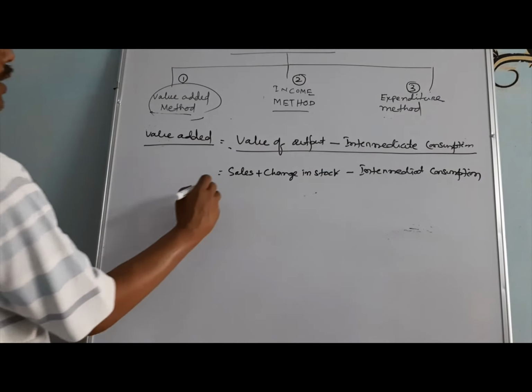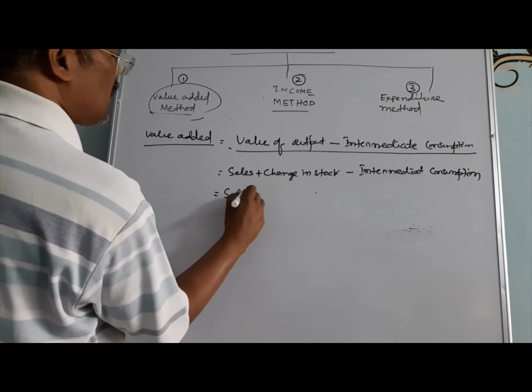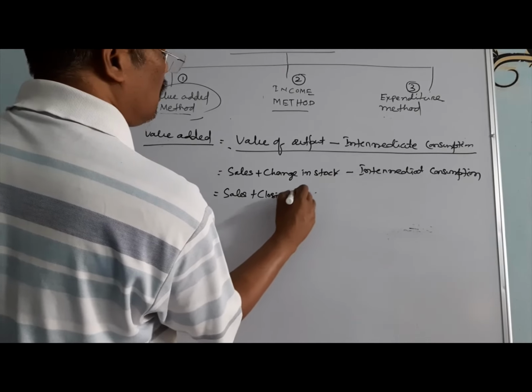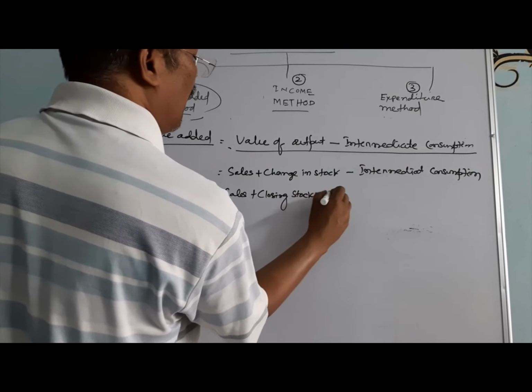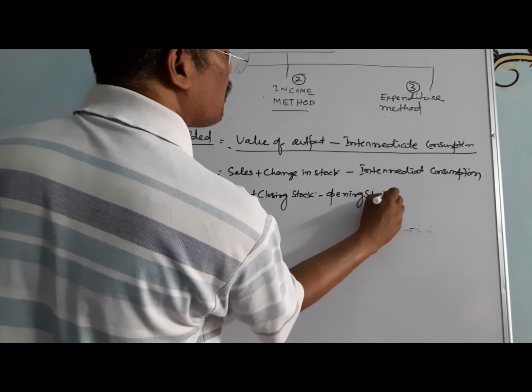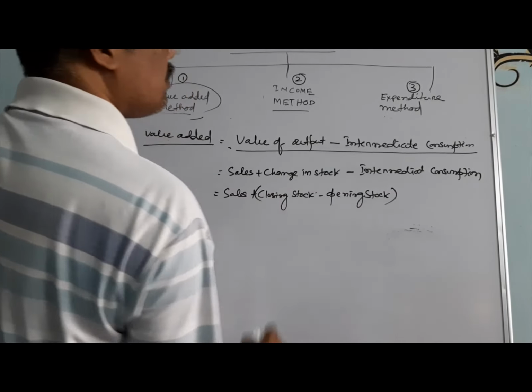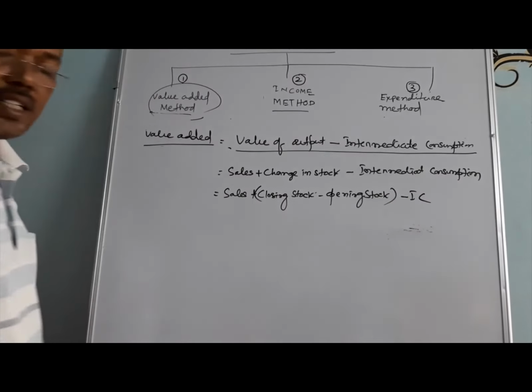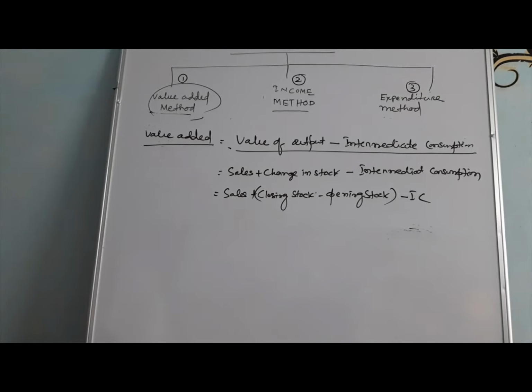Or we may write here sales plus closing stock minus opening stock, keeping it in the bracket, minus intermediate consumption. I see here the intermediate consumption. This is called the value added.